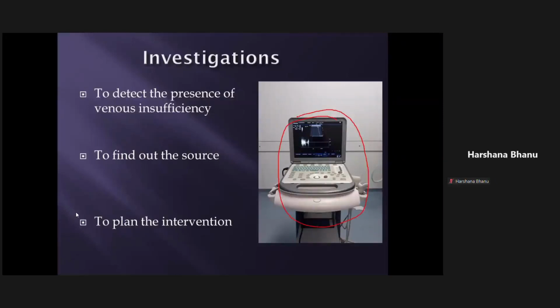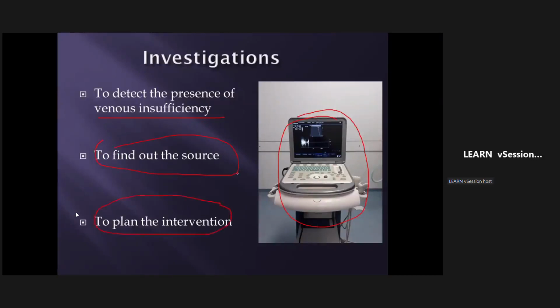If you happen to see a modern ultrasound, I am sure that's a duplex. Every ultrasound machine has the Doppler information. Then you can detect all these things which we are struggling to demonstrate all this time. So you can detect the reflux, you can guess the presence of obstruction, and you can find where the problem is, and therefore you can plan the intervention.